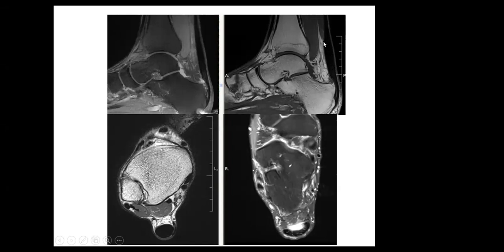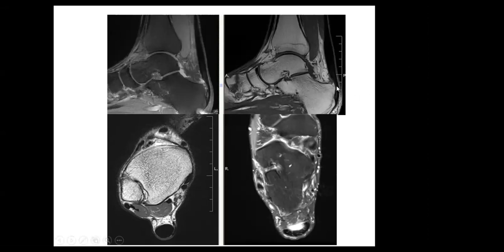The non-insertional tendinosis is mechanical or biomechanical because of the overuse of the Achilles tendon. Whether a patient is playing tennis or basketball, or even a runner, you can develop non-insertional tendinosis of the Achilles tendon like this one.